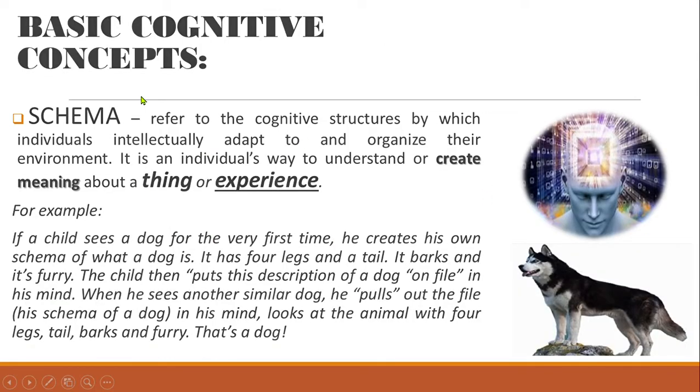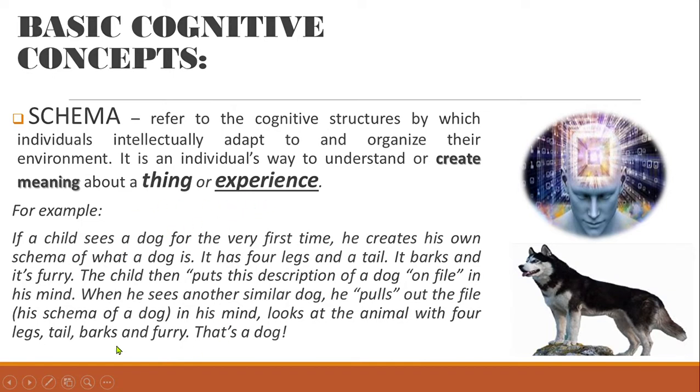So, basic cognitive concepts, schema. Schema refers to the cognitive structures by which individuals intellectually adapt to and organize their environment. It is an individual's way to understand or create meaning about a thing or an experience.